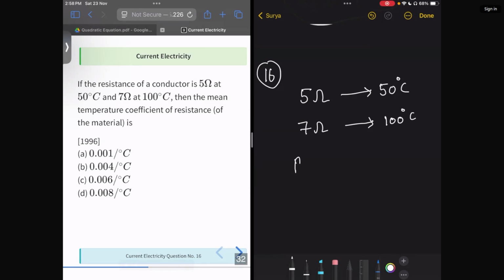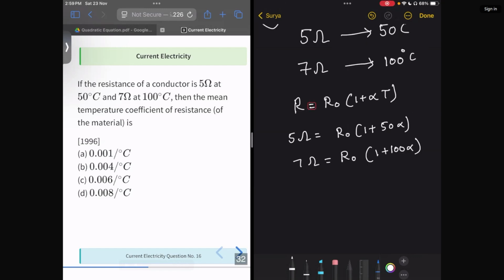So R is equal to R naught into 1 plus alpha T, right? It is 5 ohm at 50 degrees centigrade, R naught into 1 plus 50 alpha, and 7 ohm is R naught into 1 plus 100 alpha. So if you divide both, 5 by 7 is equal to 1 plus 50 alpha divided by 1 plus 100 alpha.